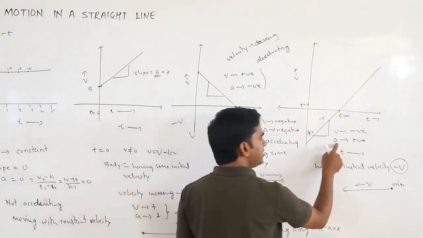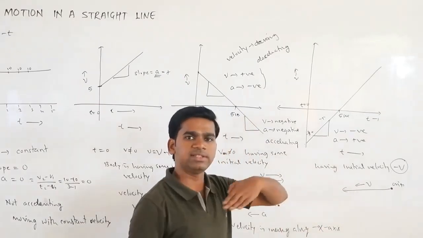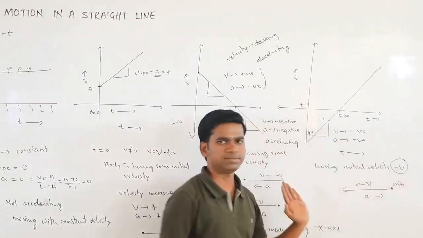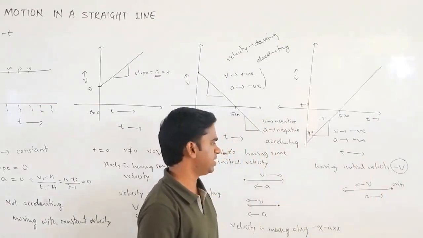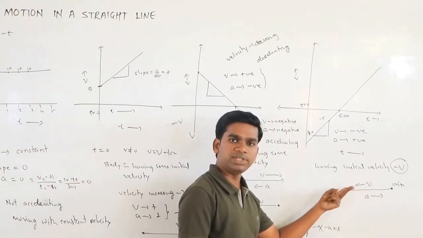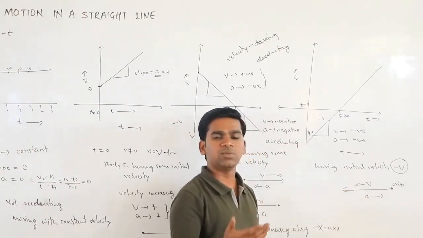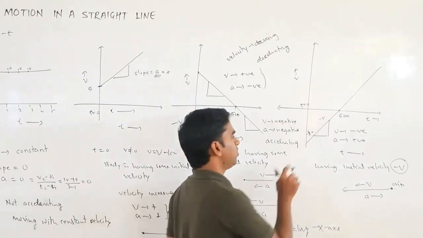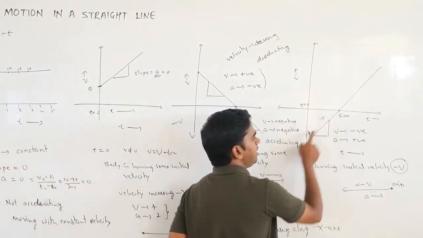Acceleration is along the positive x-axis. So now acceleration and velocity are in opposite directions. Opposite direction means what? Is the body accelerating or decelerating? The body is decelerating. That is why its velocity is decreasing.